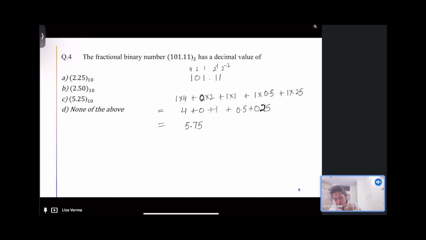So this is the decimal representation, and since the number is not given in the options, the correct answer would be none of the above. Moving on to the next question.